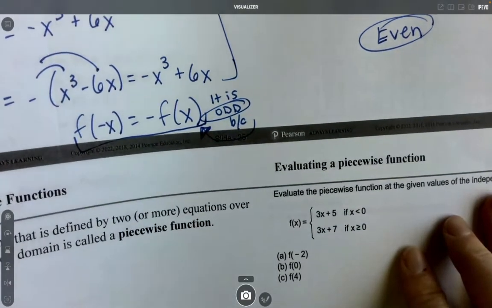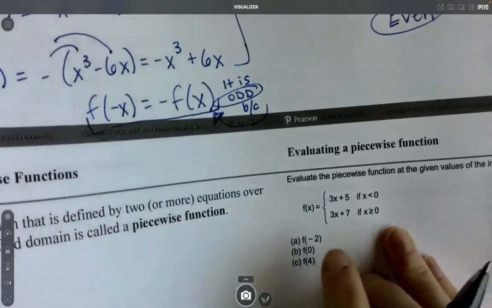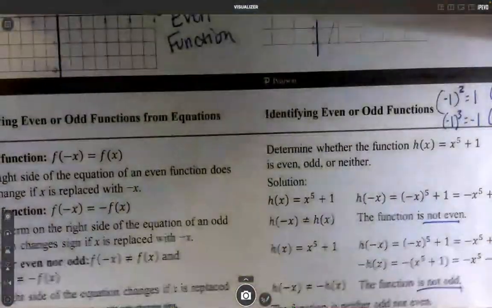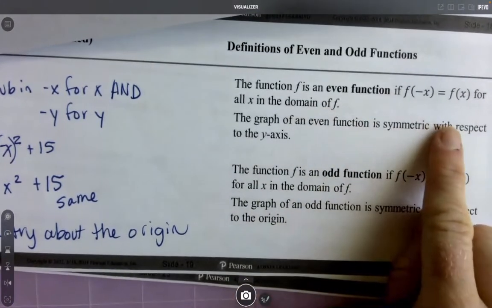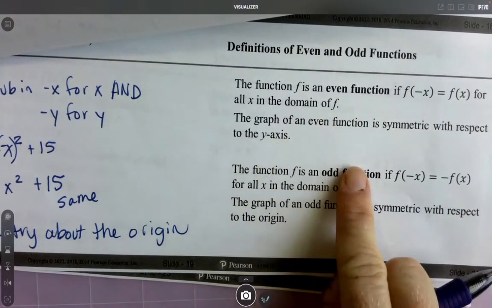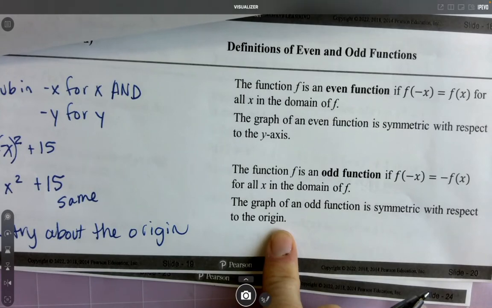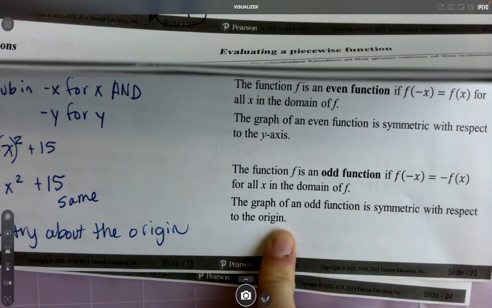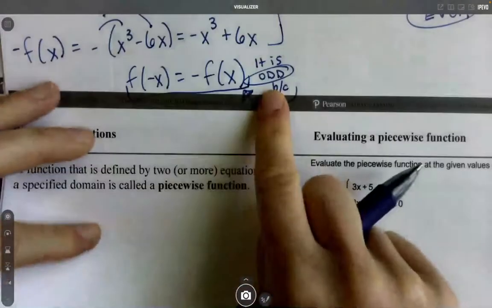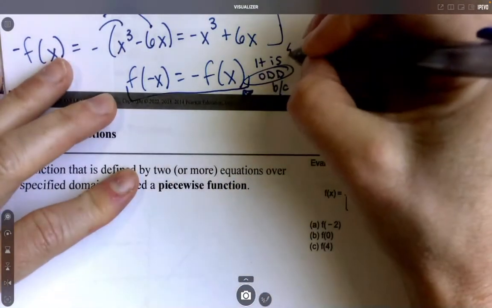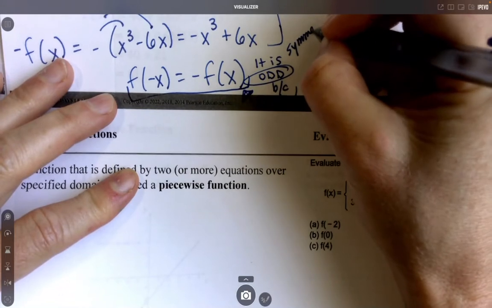So what does even mean? What does odd mean? Go back to our notes. Even means it's symmetric with respect to the y-axis. Odd means it's symmetric about the origin. So our odd one was this one, symmetric about the origin.